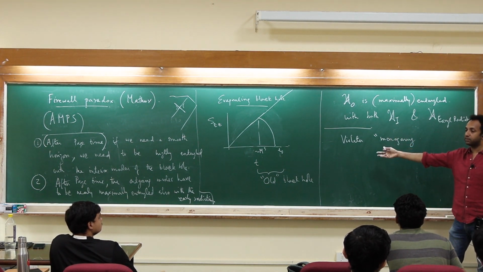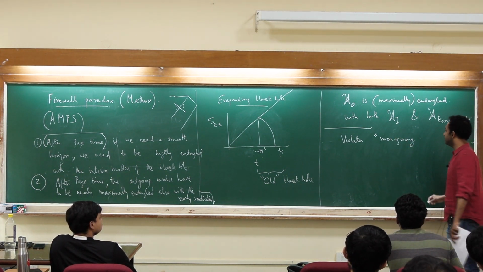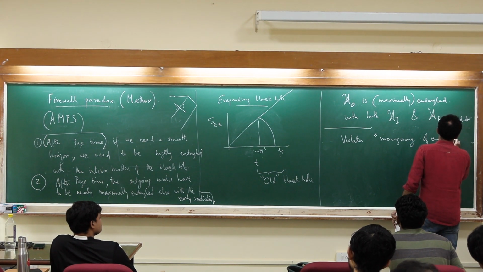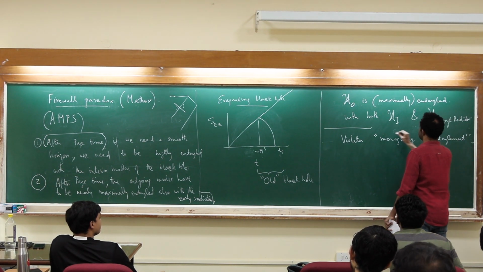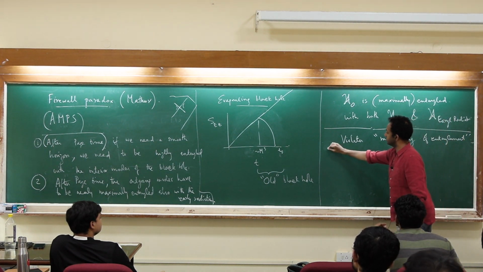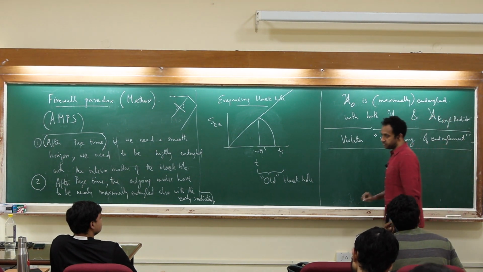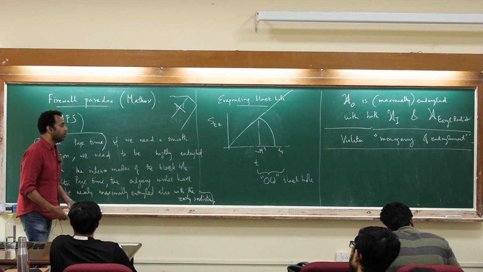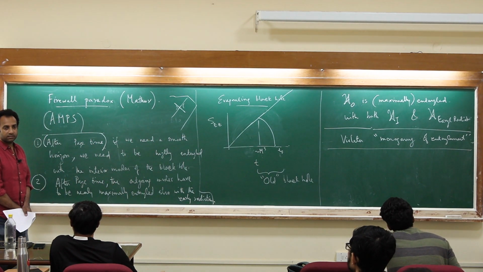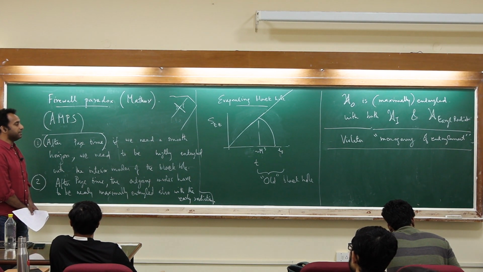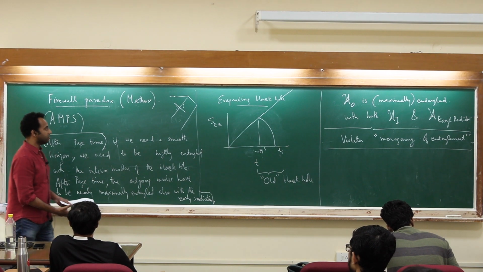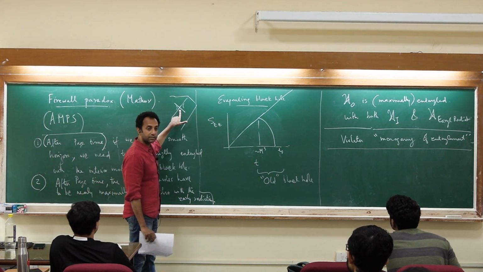You cannot be entangled with one system and another system at the same time. This is a fundamental property of quantum mechanics, so there is no way around it; any quantum mechanical system should satisfy it. So the proposal of AMPS was that maybe the most conservative resolution is that you just sacrifice the smooth horizon.